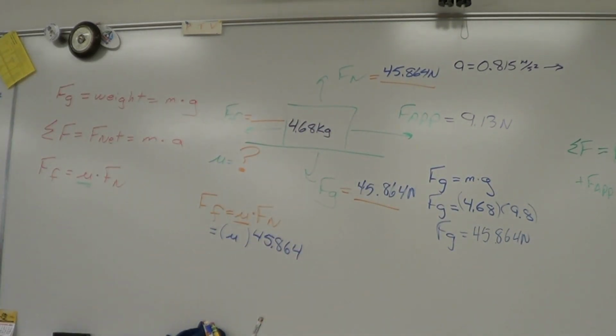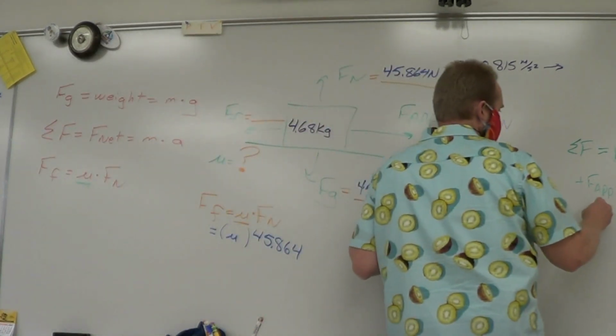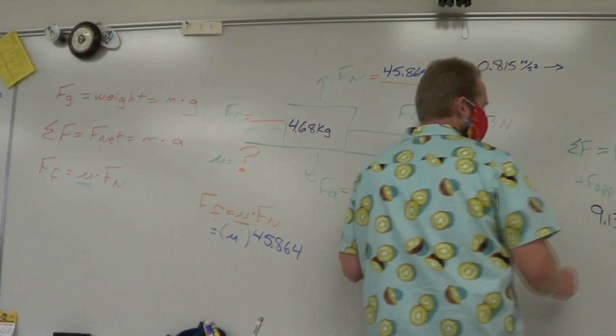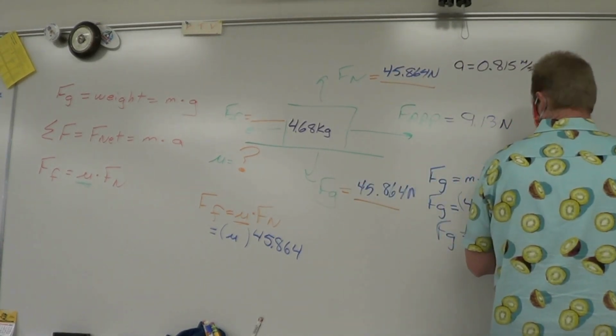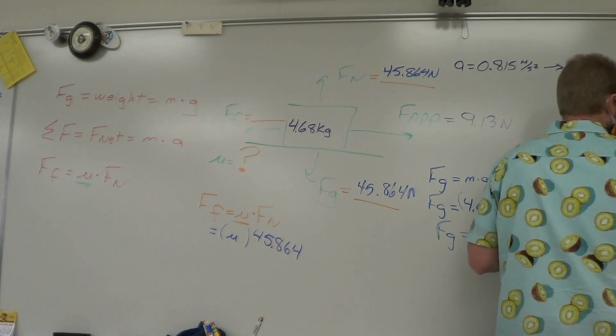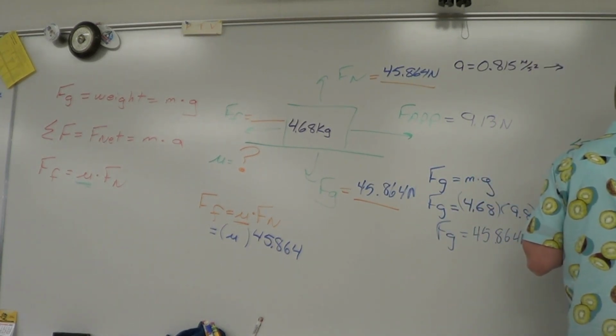That's how we solve for force of friction if we don't know mu. So my applied force, 9.13, minus our force of friction is equal to 4.68 times the acceleration of 0.815.